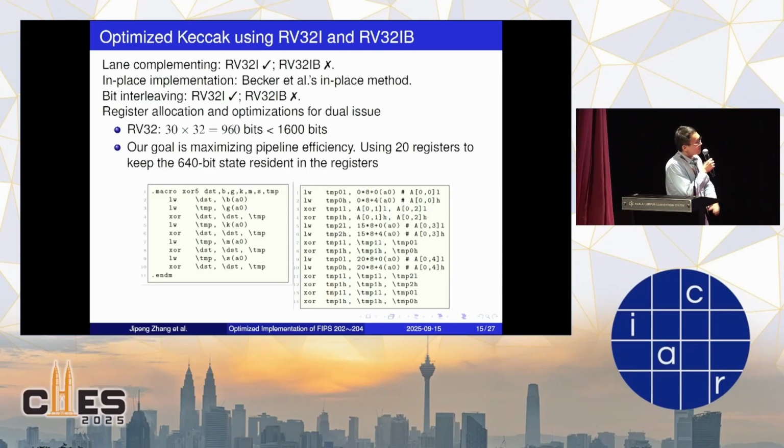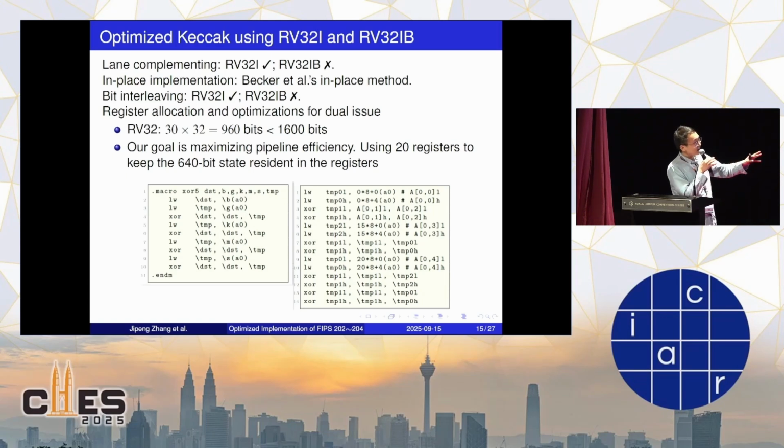The left side is the previous implementation. We can see that line 2 and line 3 read data from memory, and line 4 will use them. So line 4 will wait for a while until the data is ready from memory.